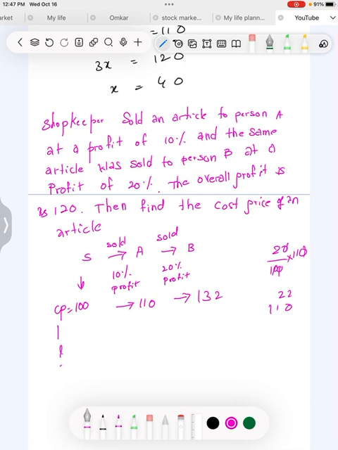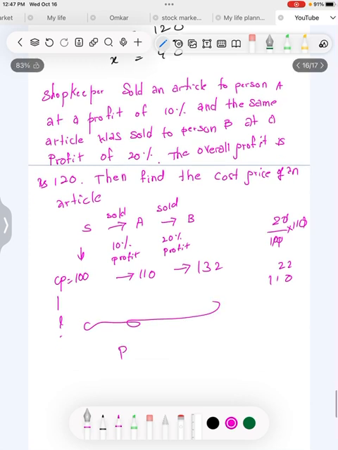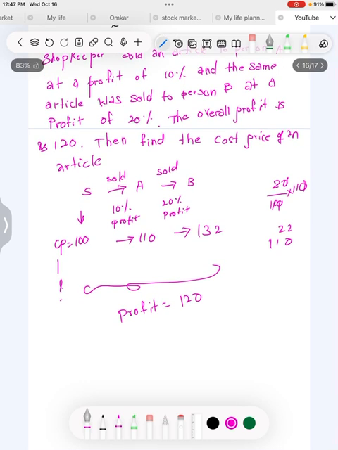If you check the options over here, they also told that the overall profit is 120, right? Here we got 10 rupees, here we got something like 22 rupees profit, right? If we add this, we will get 32. They are saying it is equal to 32, right? So 100 equals what? They are asking.